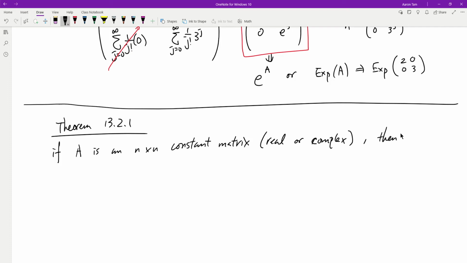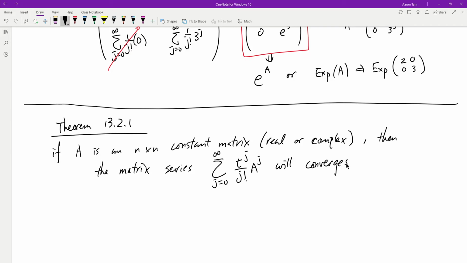Then we know that the matrix series, which basically means an infinite sum of the following matrices in the form of the summation j from 0 to infinity of t to the j over j factorial times A to the j, will converge to an n by n matrix called e to the tA that satisfies the following three properties.